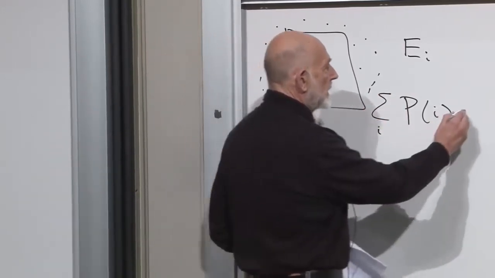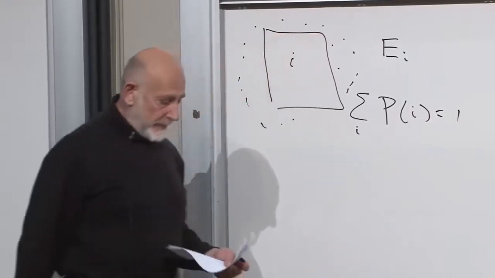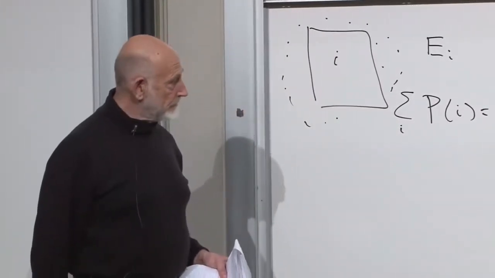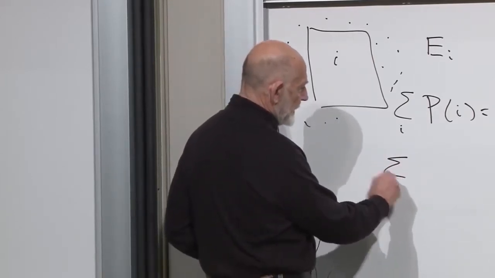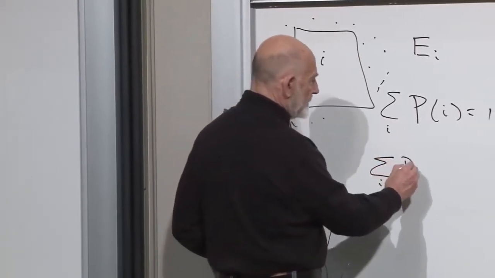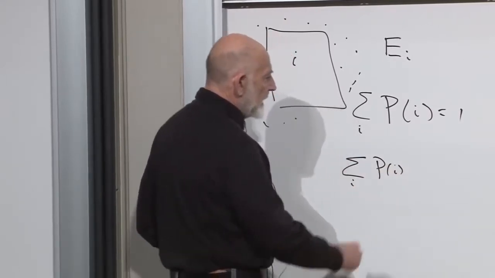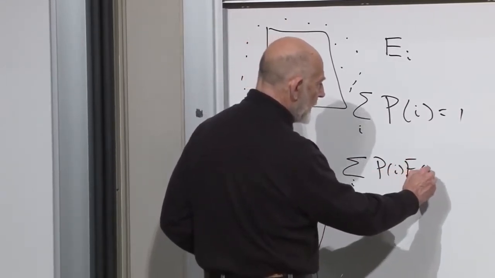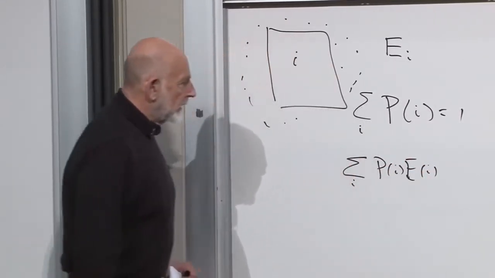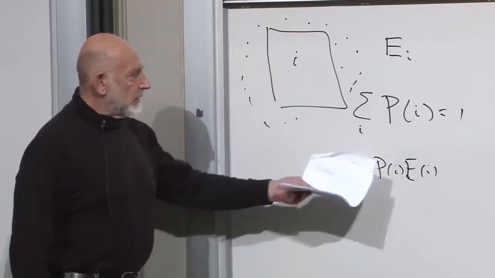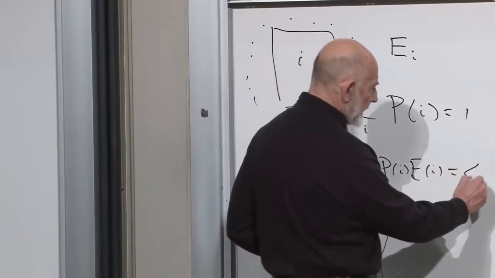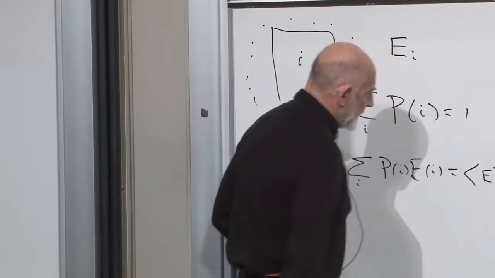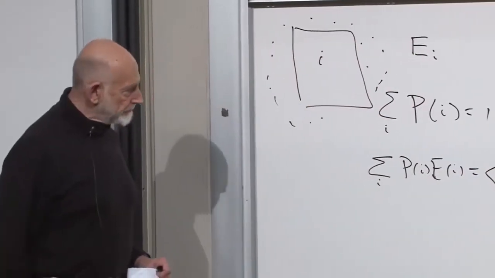The first one is that the sum of all probabilities is 1. Another rule, it's not even a rule, it's a definition, is that if I take P of I, multiply it by the energy of the ith state, and sum over I, that's the average energy. I guess we can call it E. That's the average energy of the system.